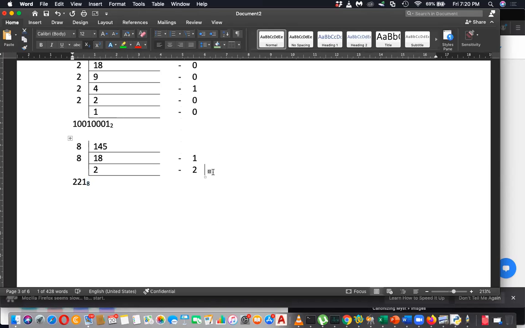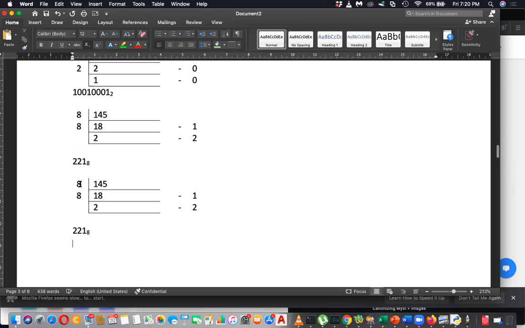Okay, so next one, hexadecimal. Hexadecimal, you have to apply the same mechanism, but divide by 16 this time. 145 divided by 16, the value is 9.